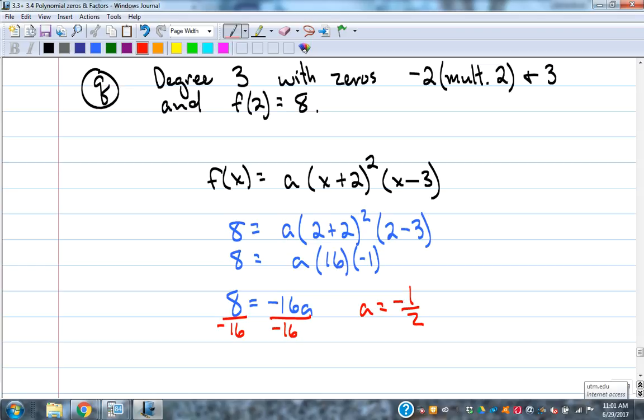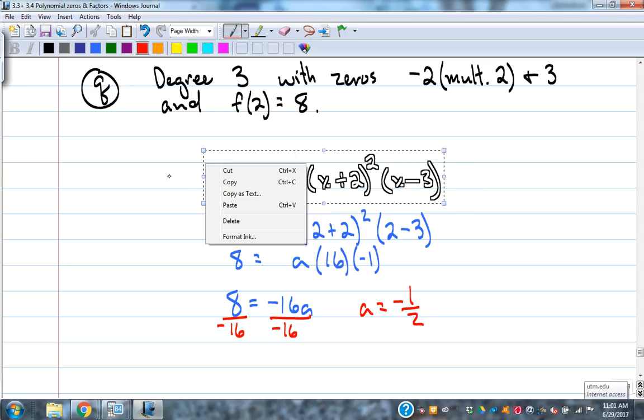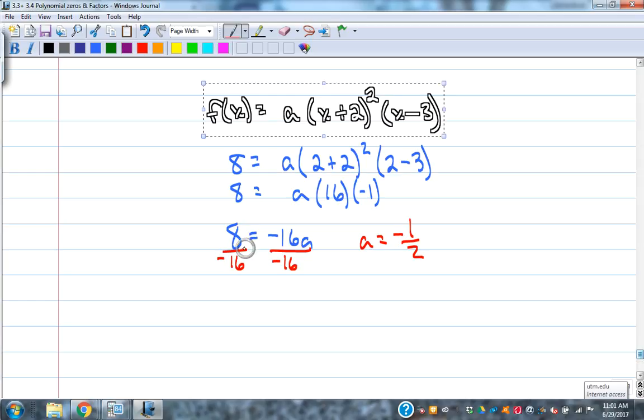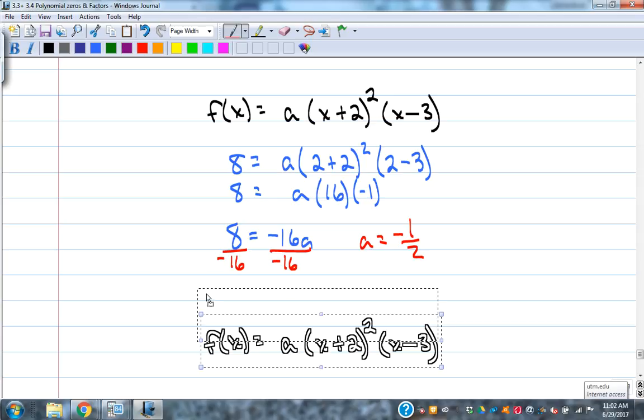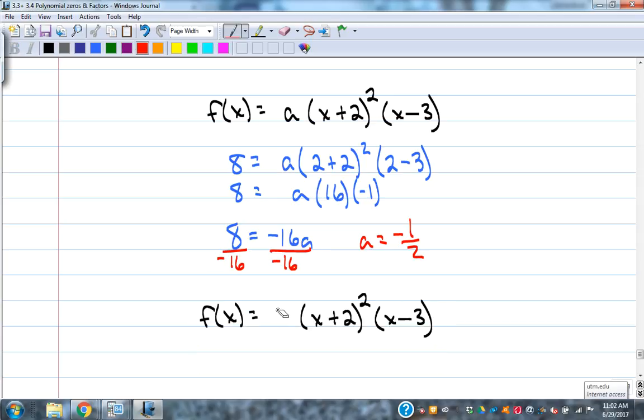Okay. So again, I'm going to go back to my original thing. I'm just going to rewrite that with a being replaced by negative 1/2. There. Then I need to multiply this stuff out.